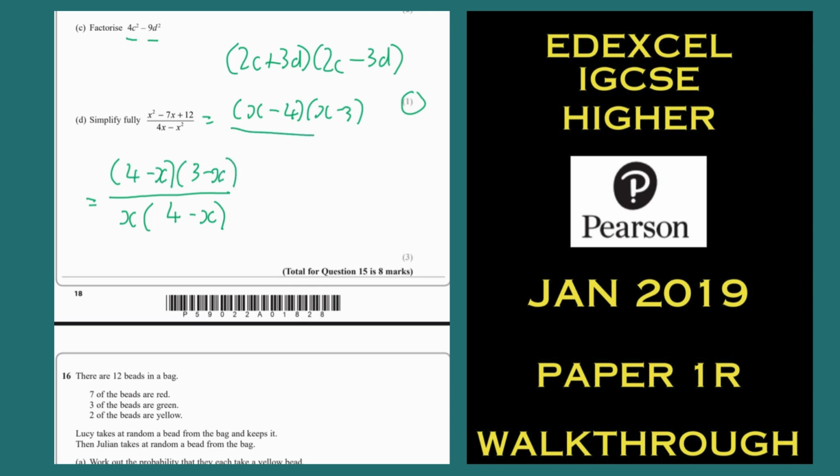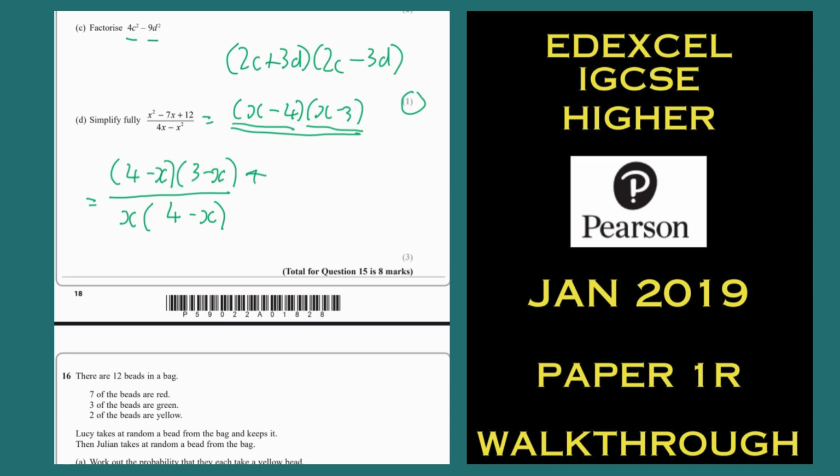What have I done between there and there? Essentially, I've taken out a minus 1 from the first bracket. So that means the x and the minus 4 change signs. I've also taken a minus out of the second bracket, which is why the 3 and the x have also changed signs. Plus becomes minus, minus becomes plus.